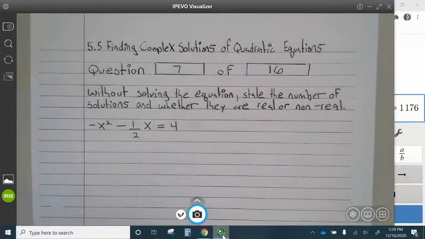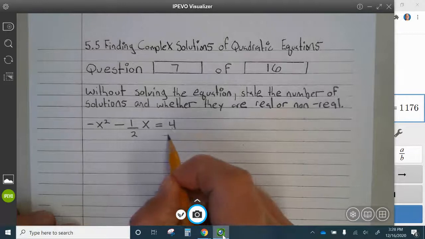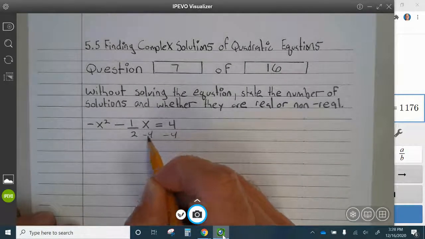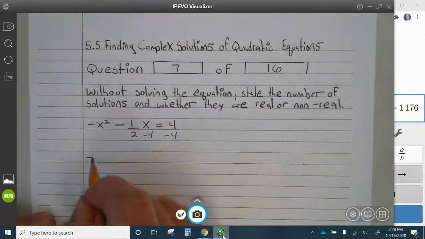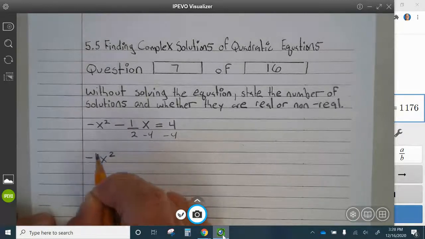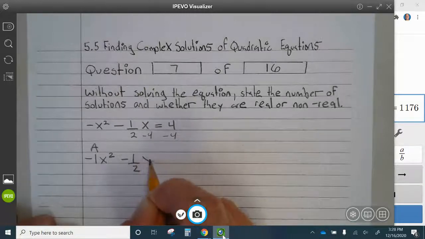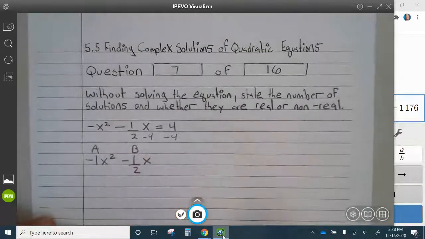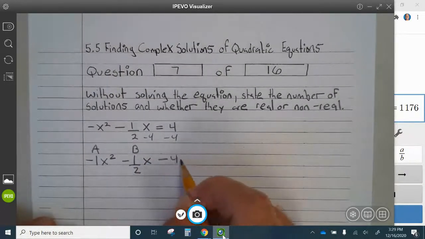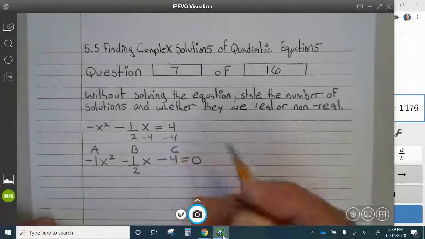Okay, question 7 of 16. Without solving the equation, state the number of solutions and whether they are real or non-real. Okay, so first off, we need to subtract 4 from both sides. So now we have negative 1x squared, that's your a value, minus 1 divided by 2x, that's your b value, minus 4 equals 0, which is your c value.